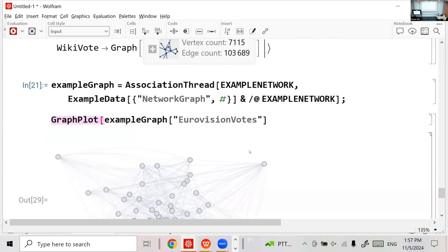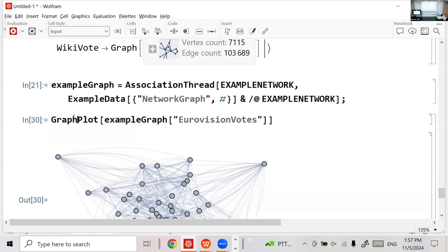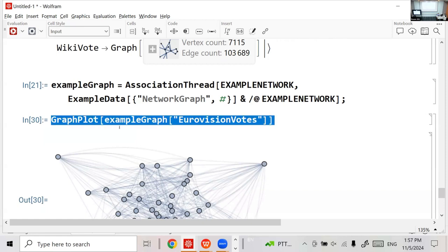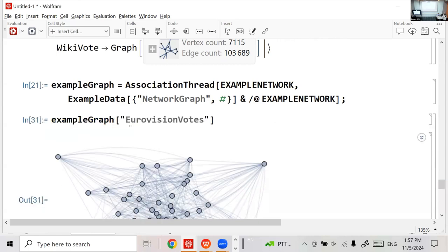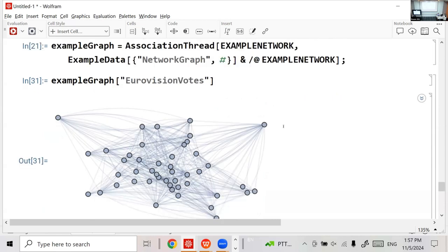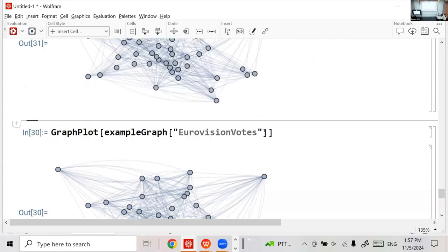It gets the same result. Actually, this is the full version. This is an object. This is a graph plot. But for shorthand, if you just write the object itself, you also get the graph automatically. It's like number 7. It always shows.